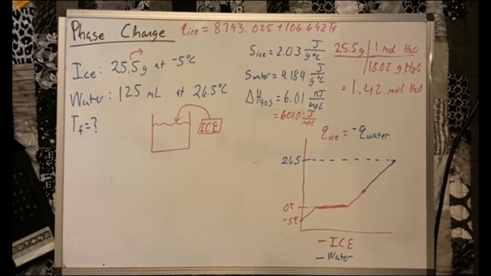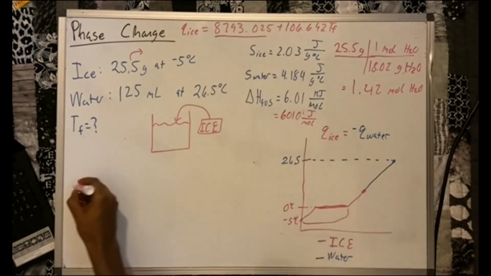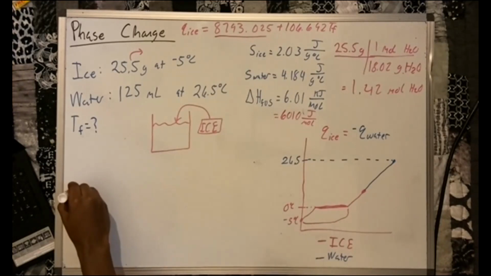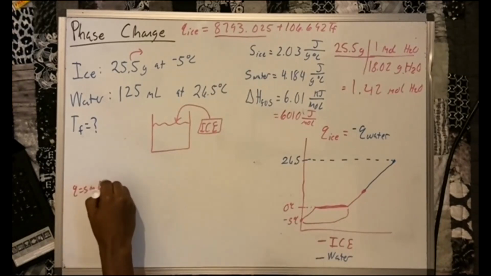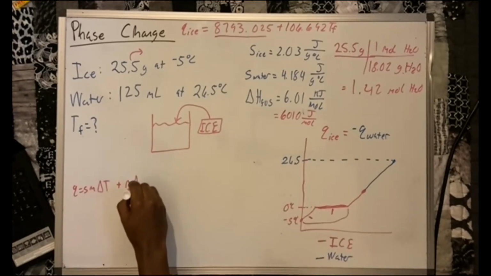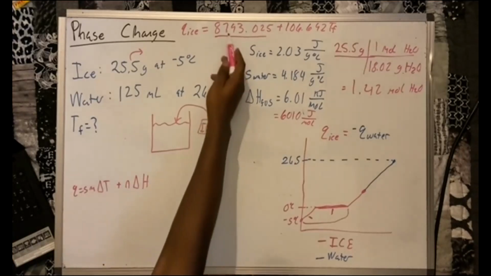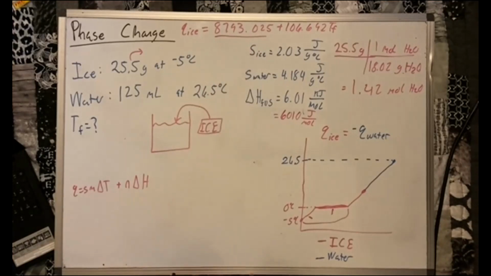I erased it, but it was these two sections: the Q equals SM delta T for the beginning part, and then the melting part, plus my n delta H. Then you plug in your numbers and you get that. At least I think that's what I got. If you didn't get that, let me know. I just plugged in numbers and that's the equation it spit out.